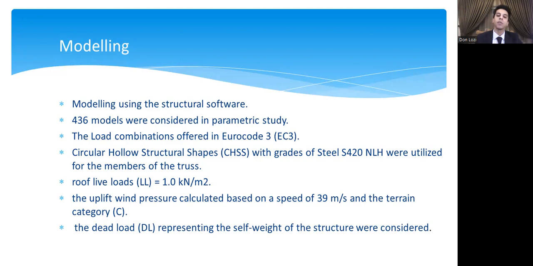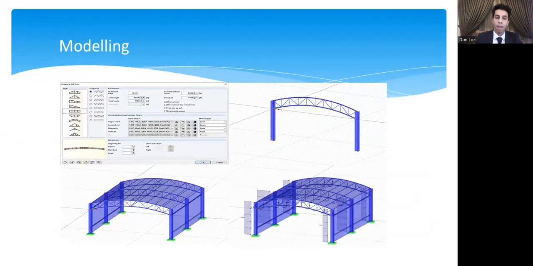Live load was 1 kilonewton per square meter, and the wind speed 39 meters per second, category C. And at last, we considered the self-weight as the dead load. Last, here is how we can model in the drawing stage and the selection of our truss.